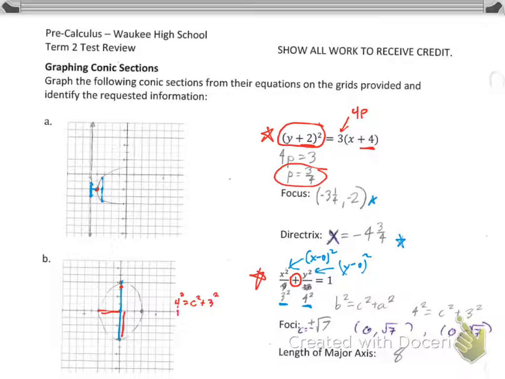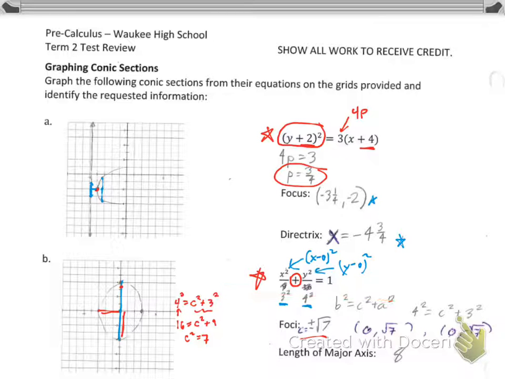That's why the biggest dimension squared is equal to the sum of the two smaller dimensions. Then you go about solving. You get 16 is c squared plus 9, and then c squared is 7, and you take the square root of both sides. C is plus or minus the square root of 7. What it means is you're going to go from 0 up square root of 7 and down square root of 7.